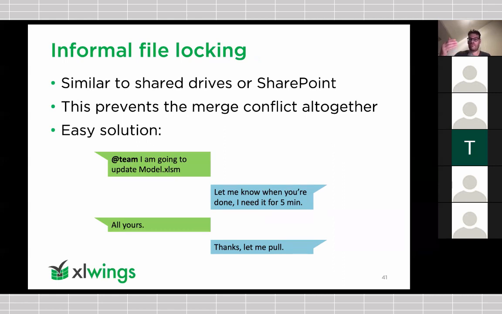When you check out a file from SharePoint, it actually does block it by default, and so others cannot check it out at the same point in time. An easy solution here would be to just use your chat. If everybody works from home more than ever, then it can work. It depends a little bit on your setup, obviously.